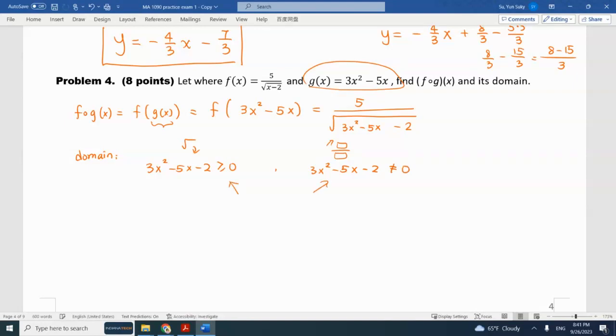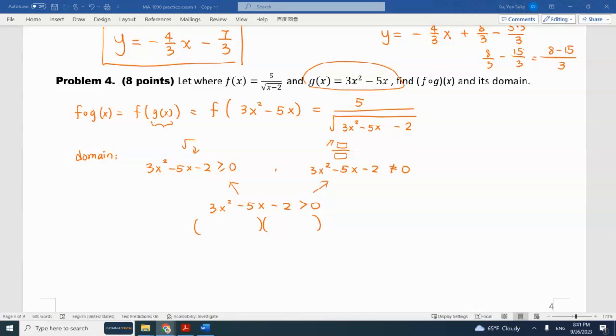You see, it's greater or equal to 0, but it's not equal to 0. You end up getting this guy is greater than 0. Okay? So this is an inequality. How do we solve an inequality? We factor, right? We move all the terms to the left-hand side and we factor. Okay, let's see how we can factor it.